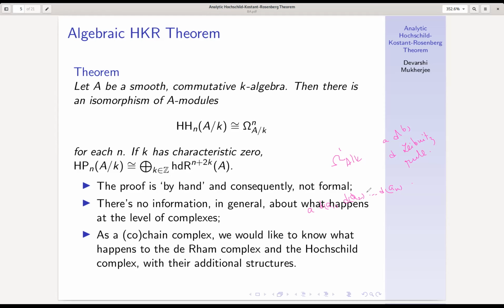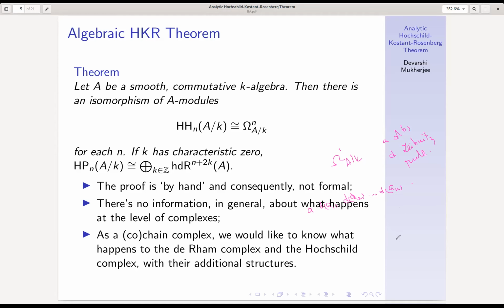Okay, now the story gets a bit more complicated if we have statements about the Hochschild homology complex and the de Rham cohomology algebra, and by that I mean the commutative differential graded algebra of differential forms. So in general, there is no information about what happens at the level of complexes.